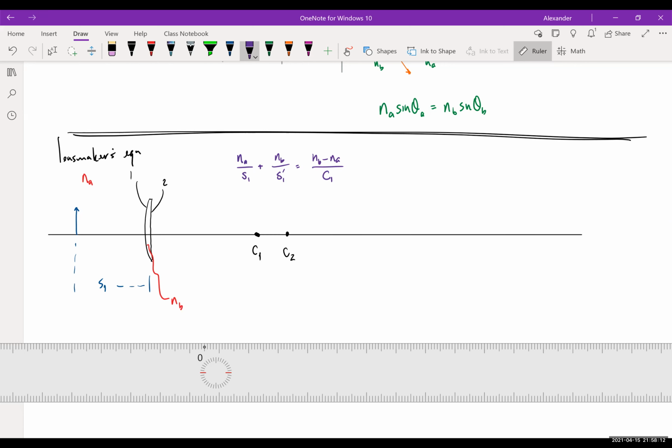Well, no, wait a minute. C is the center of curvature, the point at the center. That's a point. We want the distance R1.